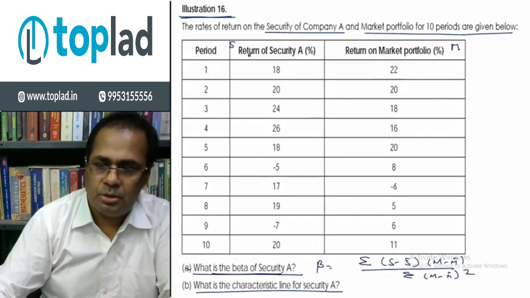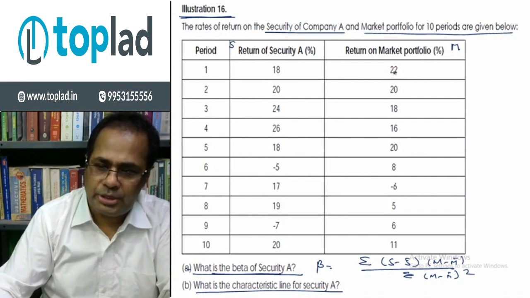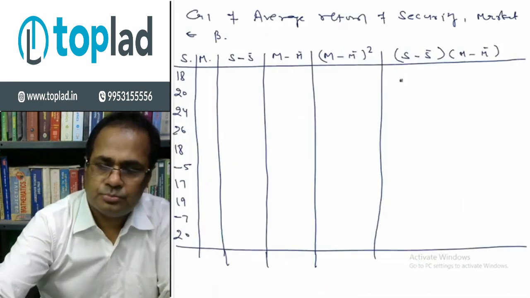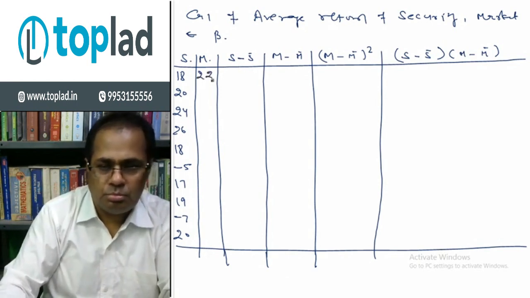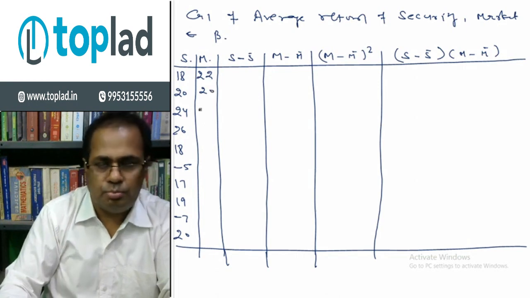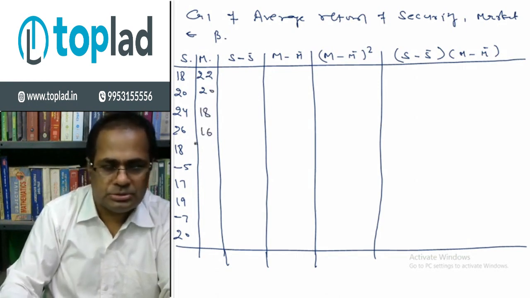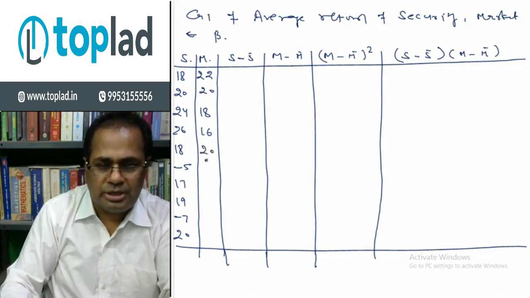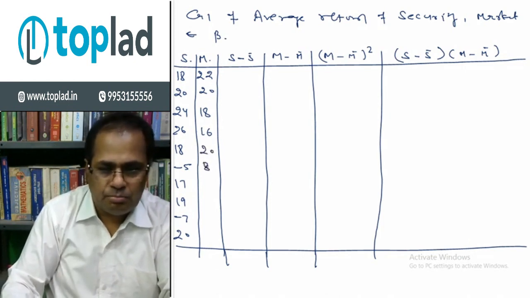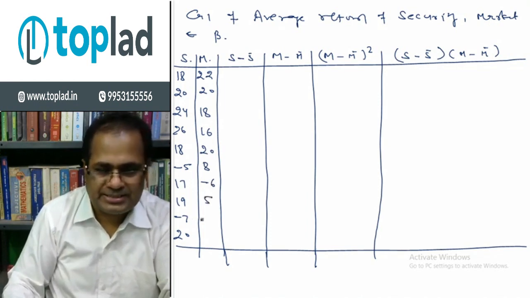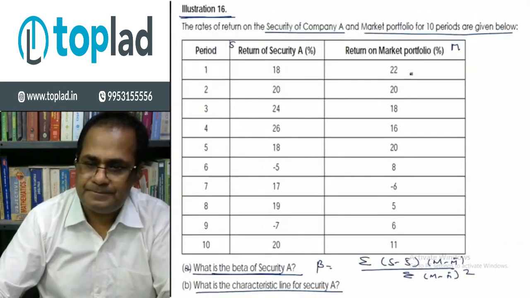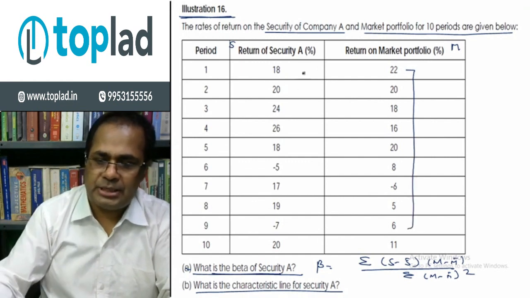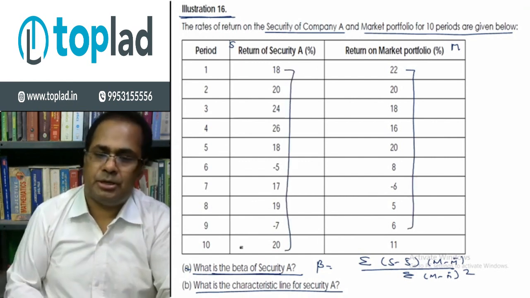What is the market here? 22, 20, 18, 16, 20, 8, minus 6, 5, 6, 11. These are given here. These are the data of the market, and these are the returns of the securities.